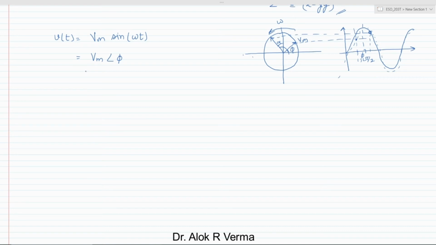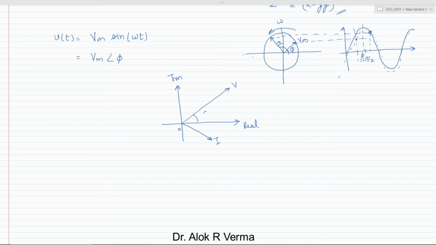Now in terms of phasor, if you want to represent the real axis and the imaginary axis, you have V, the voltage, and the current. Suppose this is the real axis and this is the imaginary axis. Now you have one phasor for the voltage and one phasor for the current.